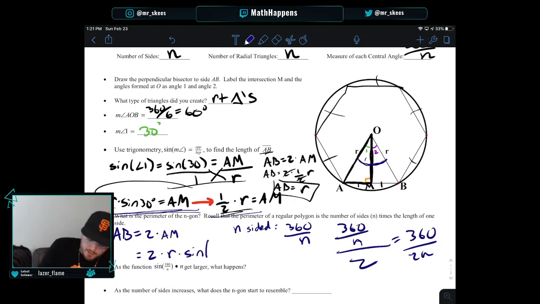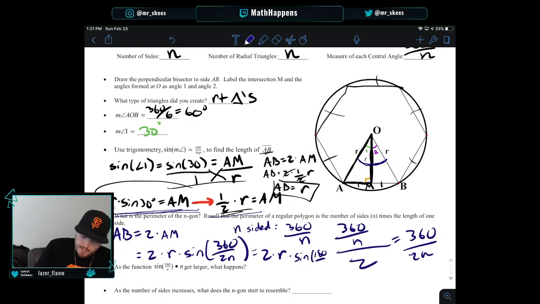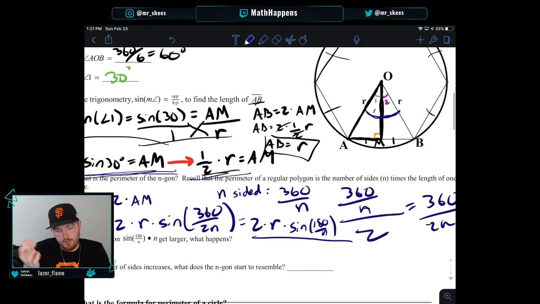So that's what goes right here. Or in other words, that's the same thing as 2 times r times sine of 180 over n, because 360 divided by 2 is 180.